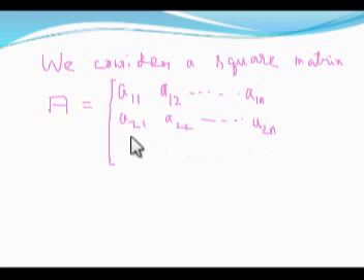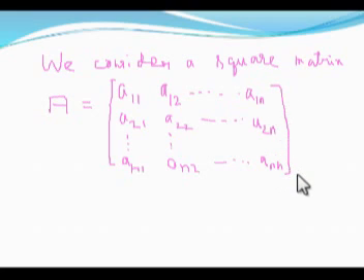In this way, the nth row will have first element An1, nth row second column An2, and the last element will be Ann. So this is an nth order square matrix.